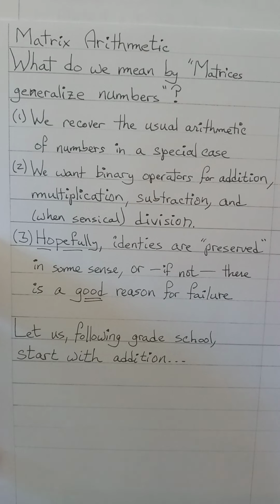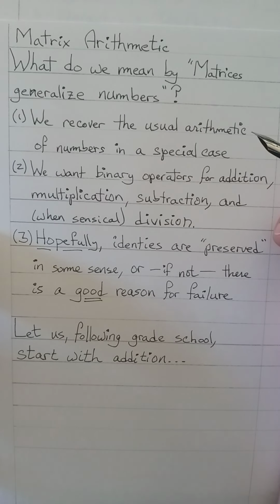Now we introduced matrices by saying that they will generalize numbers, but what exactly does that mean? I'm not going to give a precise definition of what generalization means, but here are some nice-to-haves from a generalization. For me, numbers only make sense with the operations defined on them, because we can add them or multiply or divide and so on.